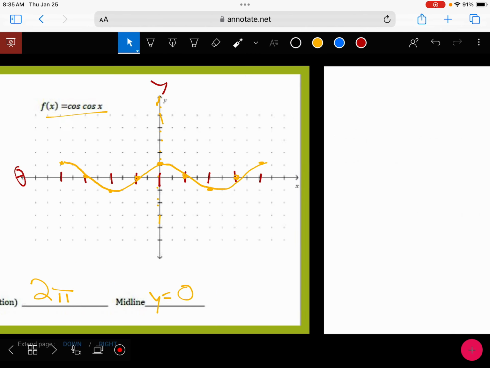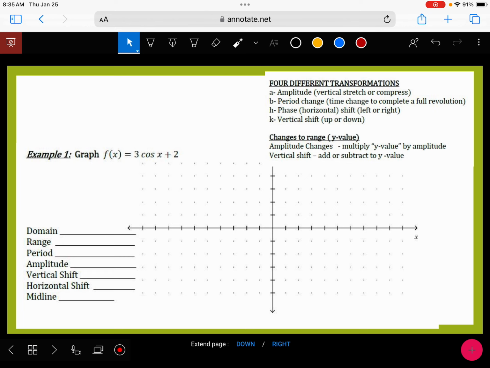Cool. So now we're going to move on to the next page of your notes packet. I know it's not on the slide, but it is on the top of your page. And it says f of x equals a times sine of bx minus h plus k.